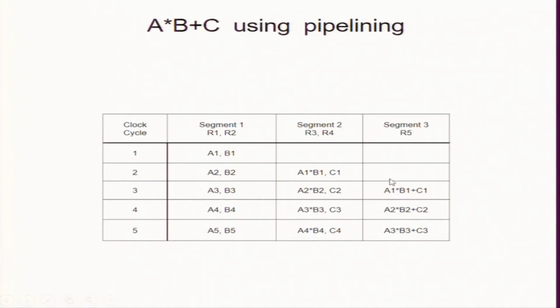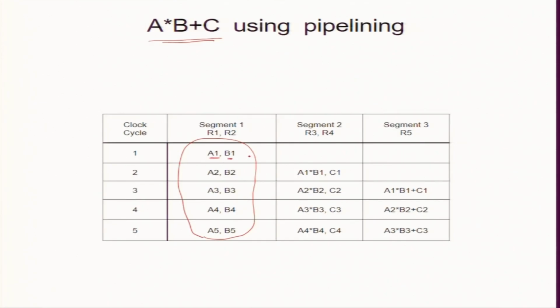So, we can do this A star B plus C operation in concrete. This can be done by a vectorized operation, but imagine that I do not have enough registers to vectorize it. So I have these 5 data sets, and I can vectorize it by pipelining. How do you do pipelining? Get these two numbers A 1 and B 1.